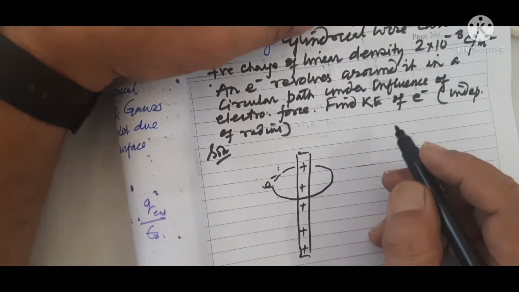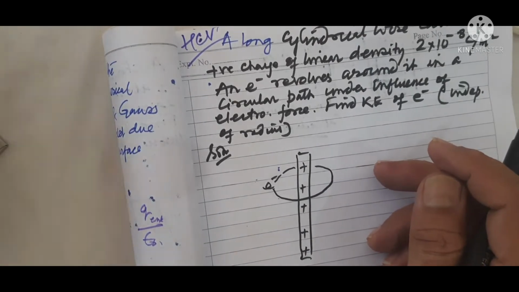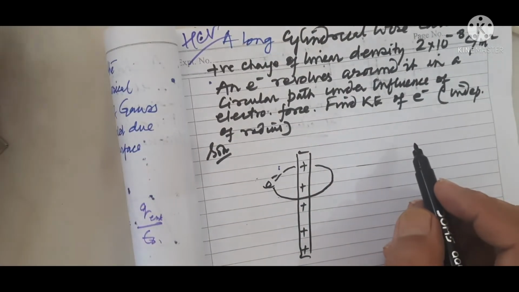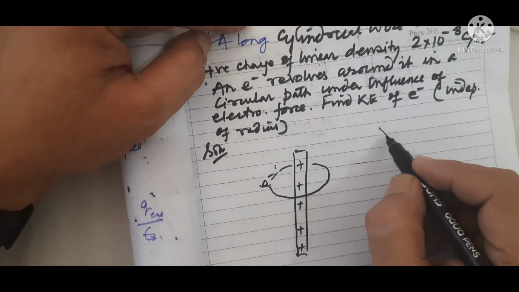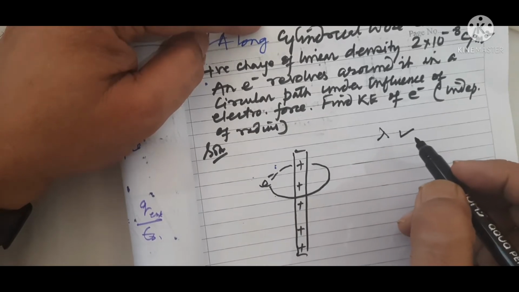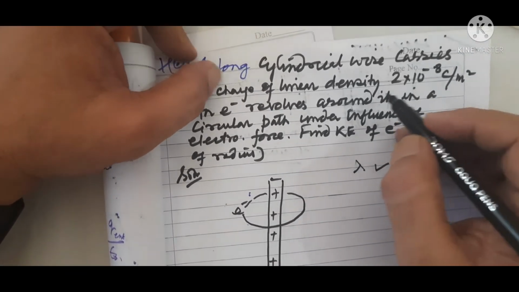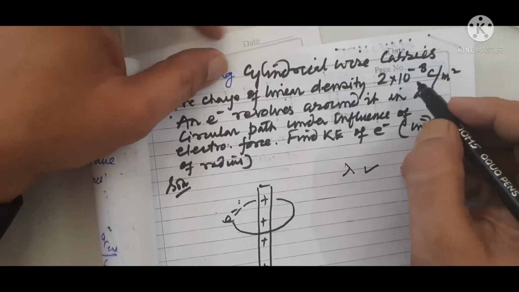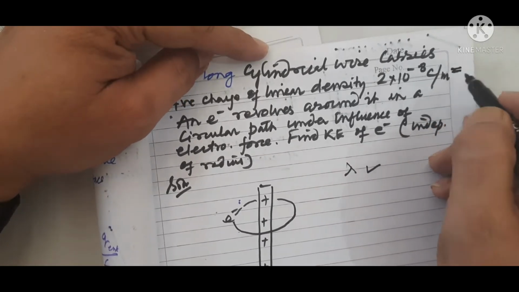We know that lambda is given. If the linear charge density is there, not the surface, it should be per meter.